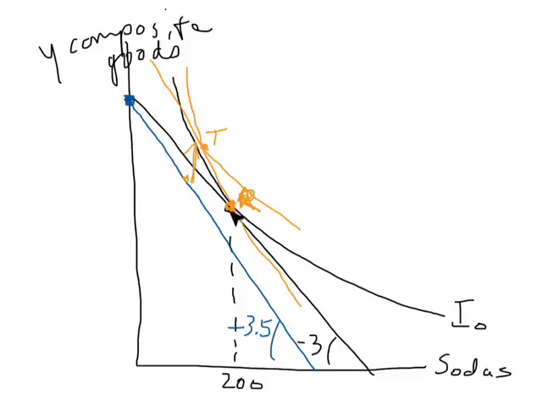The compensation would have made it possible for Yoshi to afford his original consumption bundle exactly, because if he were consuming 200 sodas and were given 50 cents per soda, $100, he would be able to just afford the original consumption point. So the vertical distance between this point and this point is exactly 100.